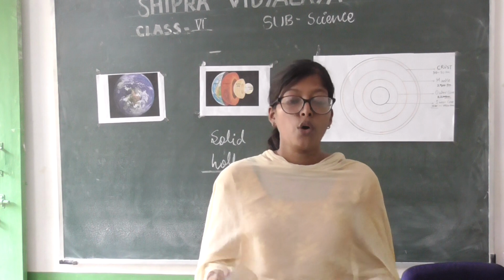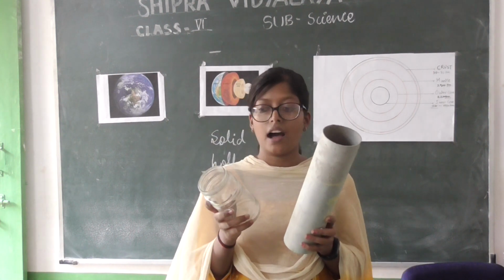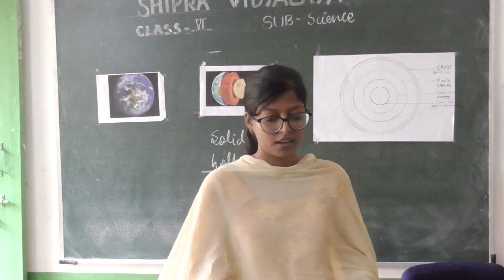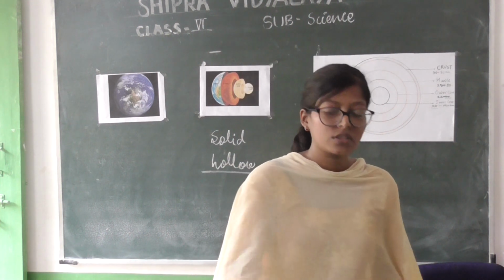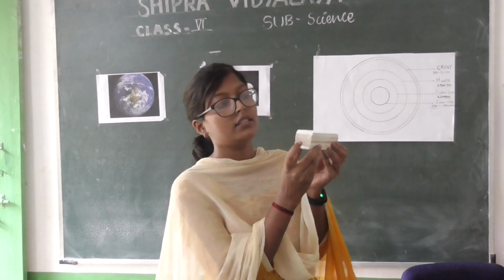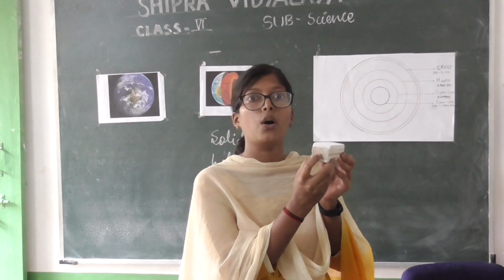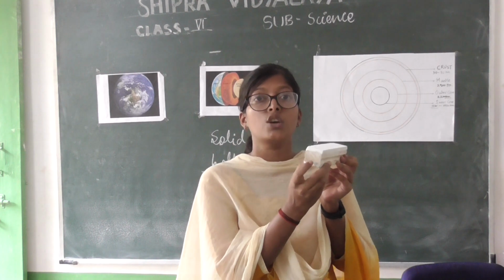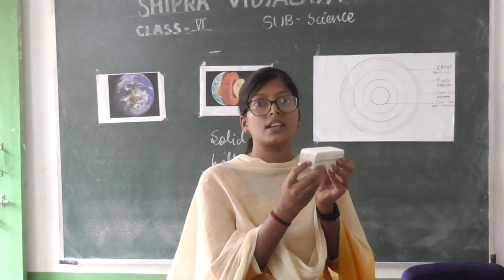Now we can say that this pipe and this bottle are hollow objects. Now students, look at this duster. This duster doesn't have a hole and empty space in it. So we can say that this is solid material.